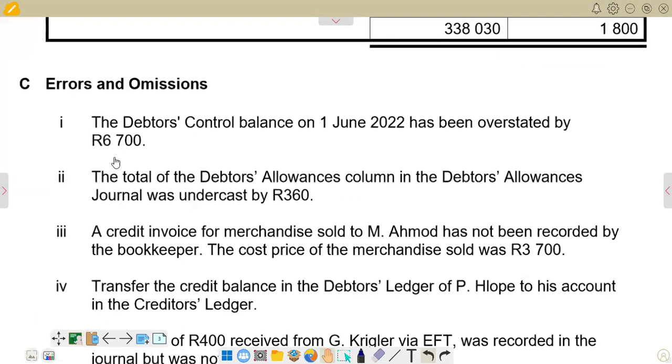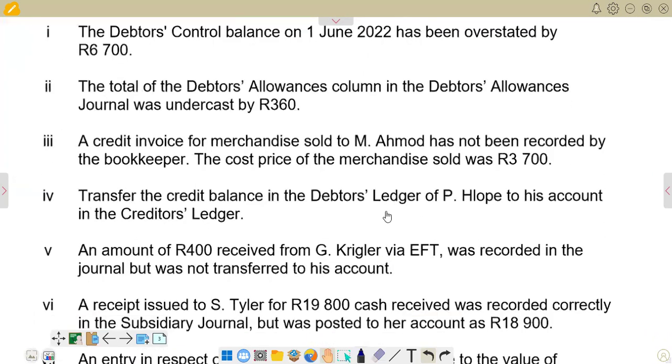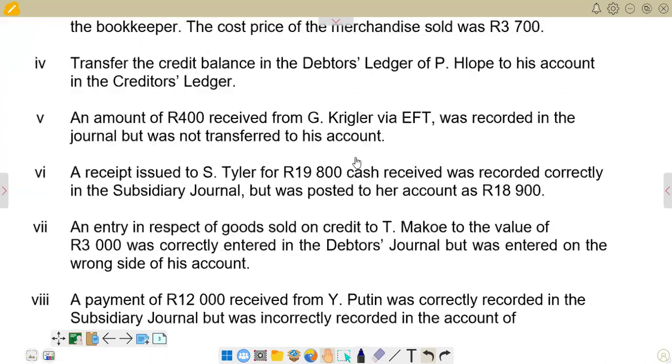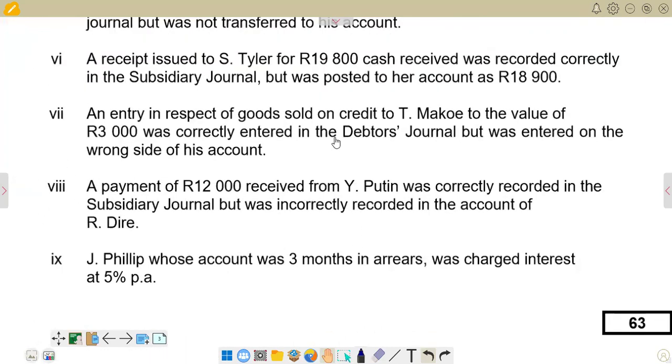This is the additional information. That's where we judge whether an error was made or there was an omission. If there's an omission, we make an addition. If there's an error, we make a correction. That information runs from information 1 down to information 9. So this is the question that we have.